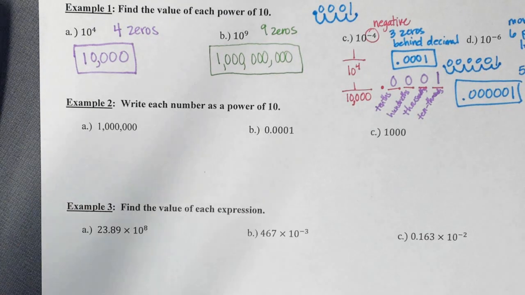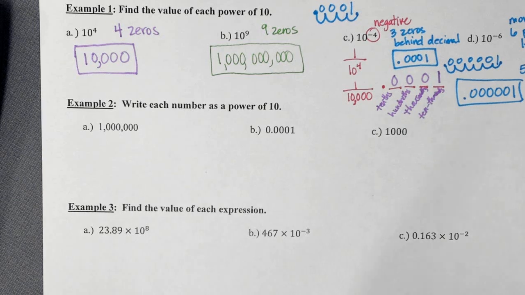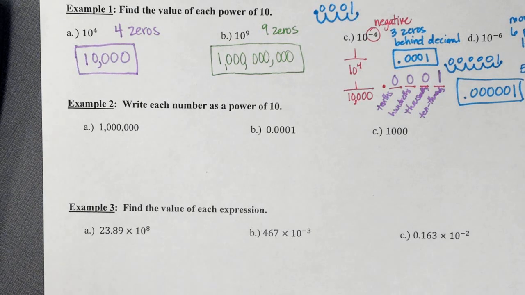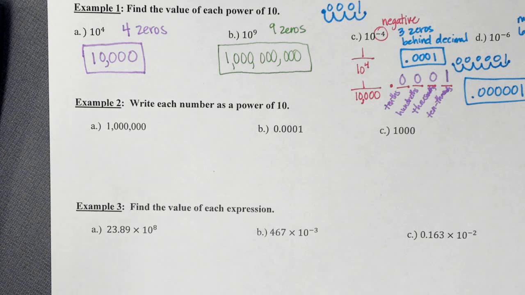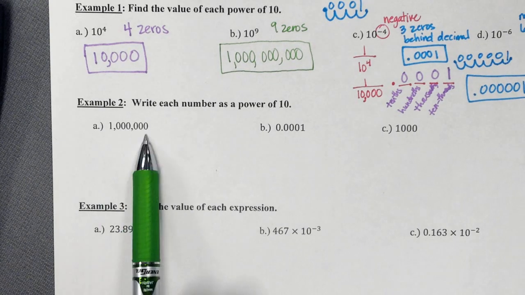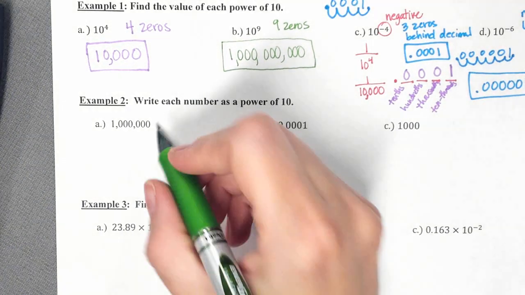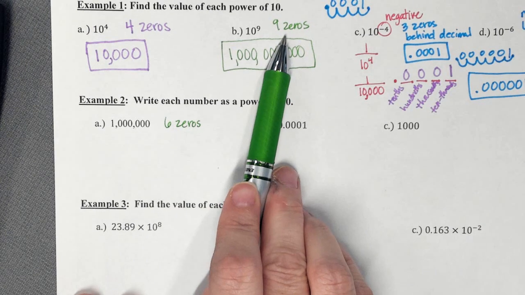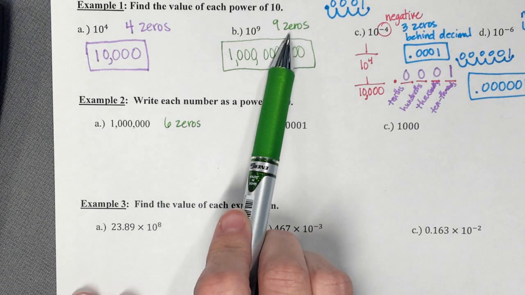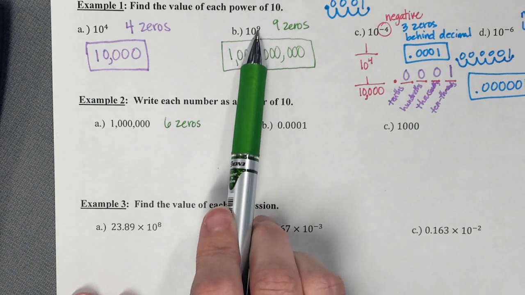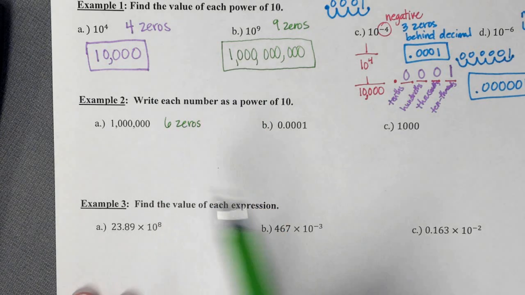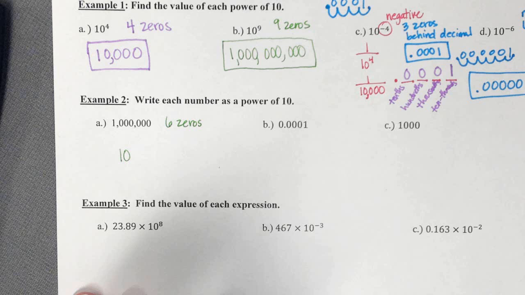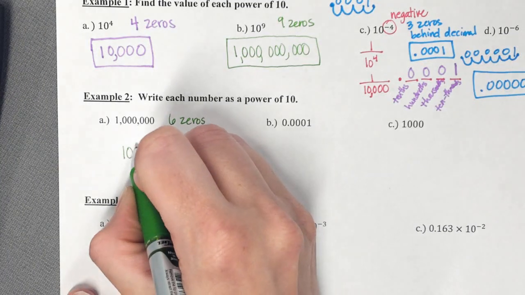How many zeros are behind the 1? 6. Okay, so if there are 6 zeros, we're going to do this in reverse. If there were 9 zeros, we had 10 to the 9th. So if there's 6 zeros, it's going to be 10 to what power?